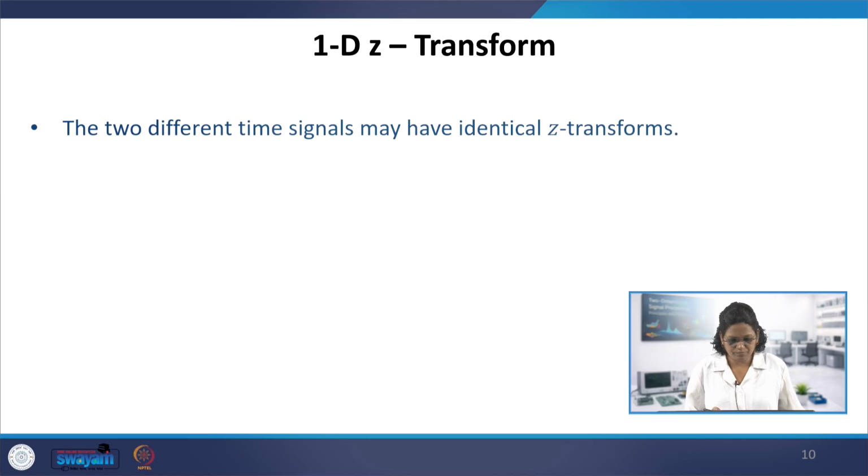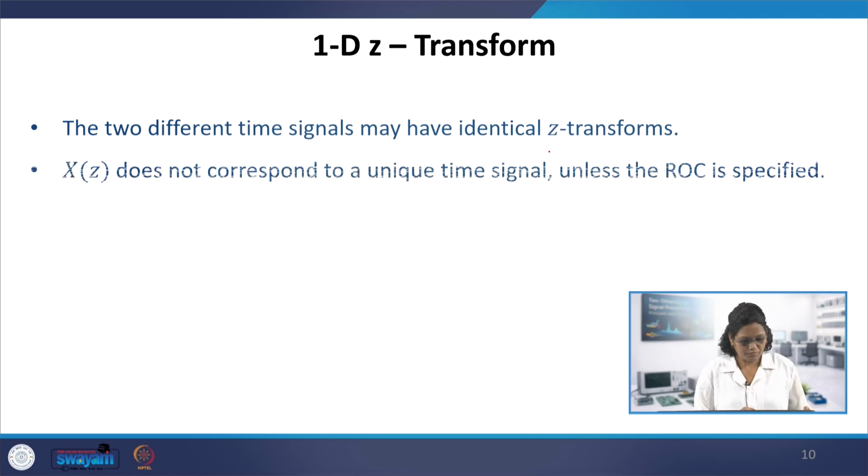What we can conclude from these two examples is that two different time signals may have identical z transforms. That means the z transform is not unique for two different time domain signals, the right-sided one in the first example and the left-sided sequence in the second. Causal and anticausal sequences may have the identical z transform, so it doesn't correspond to a unique time signal.